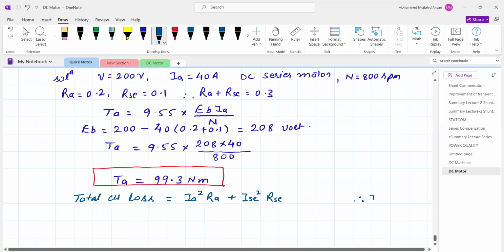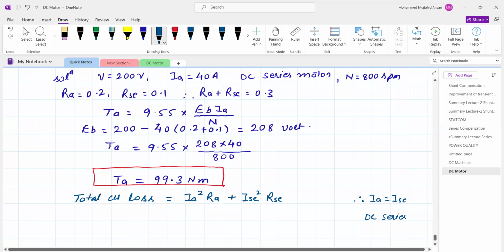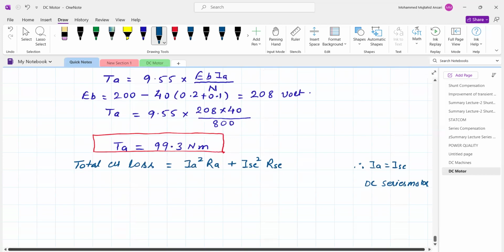Since IA and ISE are the same because it is a DC series motor, total Cu loss is 40 square into the bracket 0.2 plus 0.1, which is 480 watt.